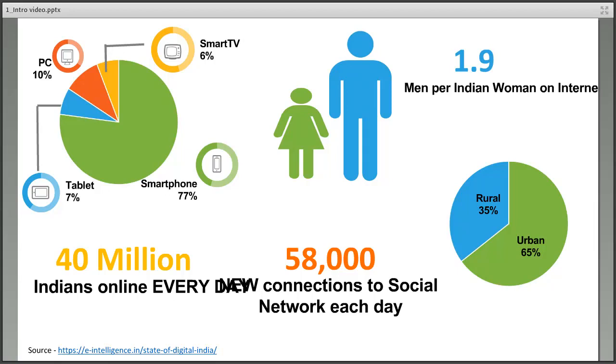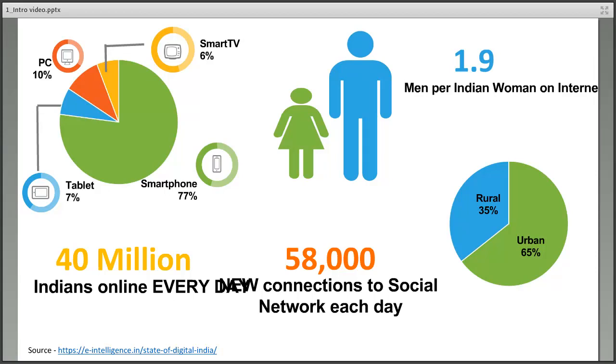This also talks about the consumer profile and helps in targeting the kind of consumer that you want to have your messages broadcasted to. In addition, 65% of the internet users are from the urban areas, while 35% are from the rural areas. This again helps us target the consumers demographically, which is based on their location, geography, and socioeconomic level.